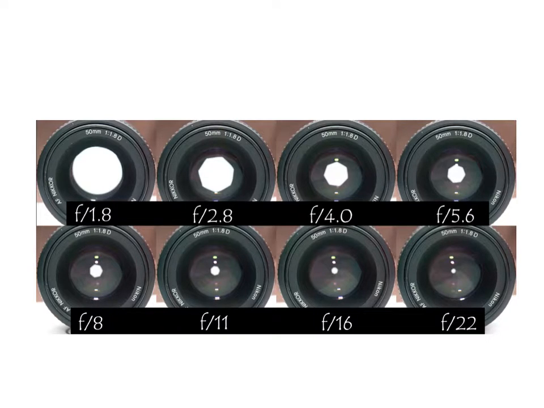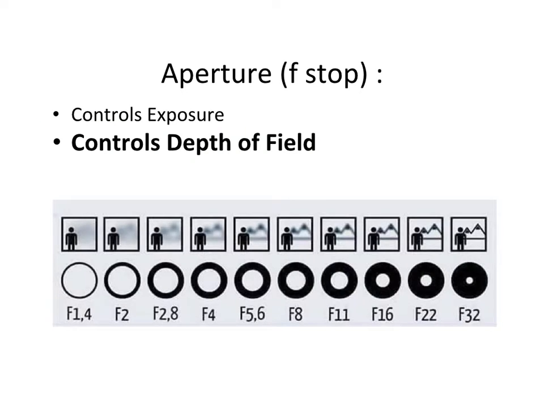Apertures are measured in what's called f-stops. The larger the number, the smaller the hole, so the less light is getting in. The smaller the number, the bigger the aperture, or the larger the hole, so the more light is getting in.